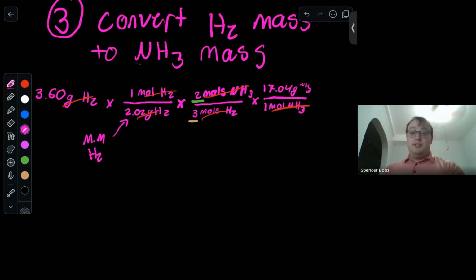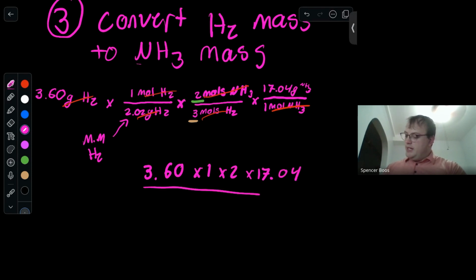So if I was to put this into my calculator, I would do 3.60 times 1 times 2 times 17.04 divided by 2.02 times 3 times 1. So again, pull out the calculator.